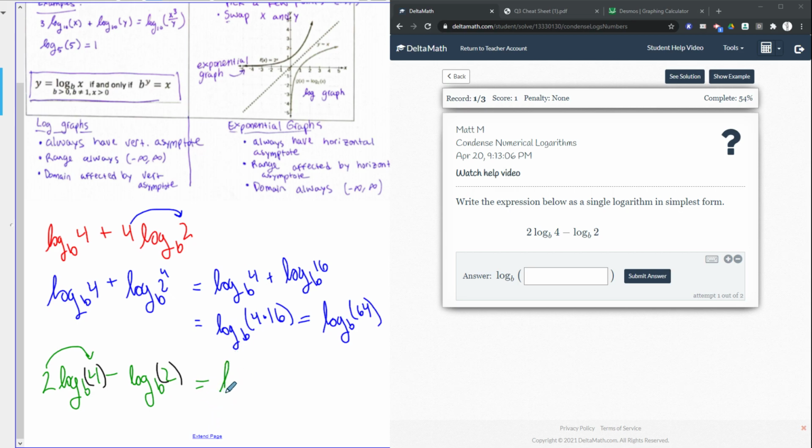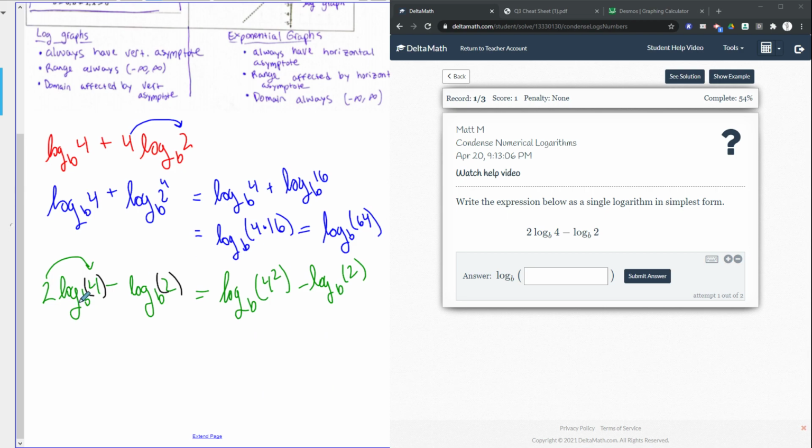So we have log base b of 4 squared minus log base b of 2. So that's what, 16?